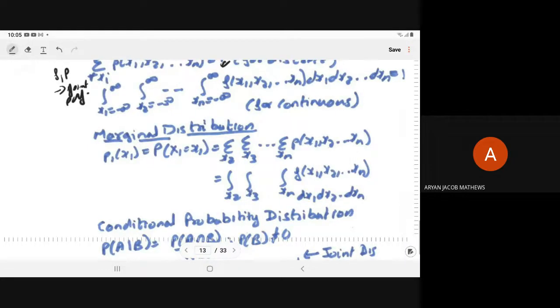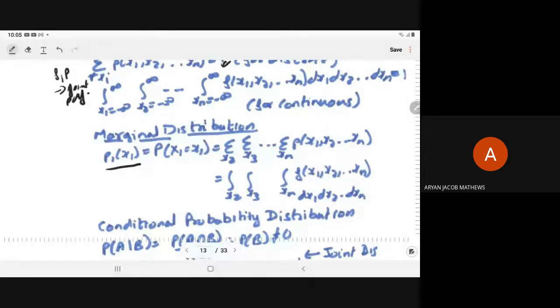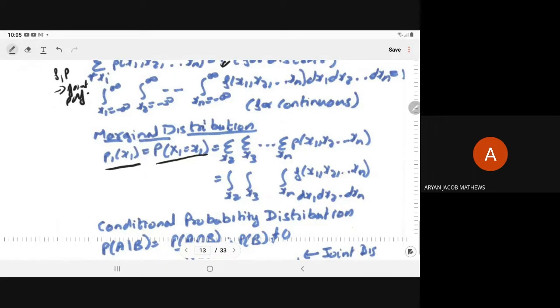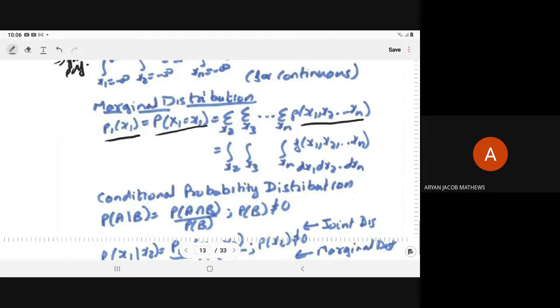For example, if I want to find the PDF for x1, the probability density function for the variable x1, it means I am interested in the probability X1 equal to x1. In that case, we take the summation of the joint PDF over the remaining variables x2, x3, ..., xn. Similarly, we take the integration with respect to the remaining variables x2, x3, ..., xn, depending on whether the variables are discrete or continuous.